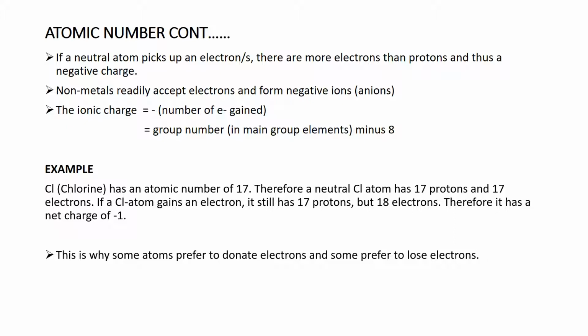This is why some atoms prefer to donate electrons and some prefer to gain electrons. If you look at my 2 examples for the chlorine atom and sodium atom, you will notice that the number of protons does not change in both these examples, but the number of electrons is the one that changes.